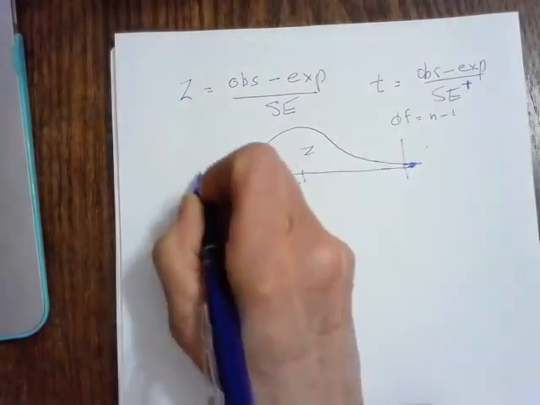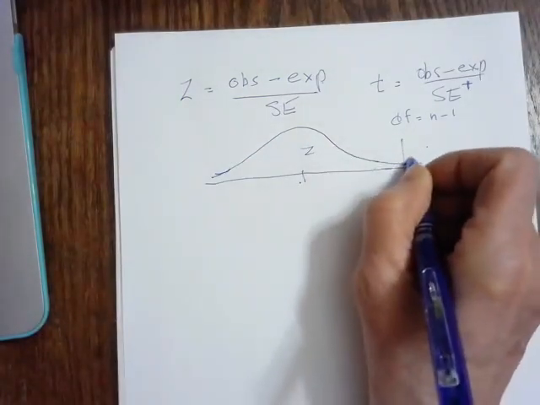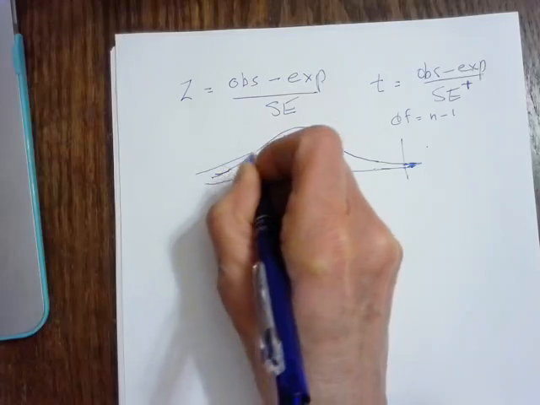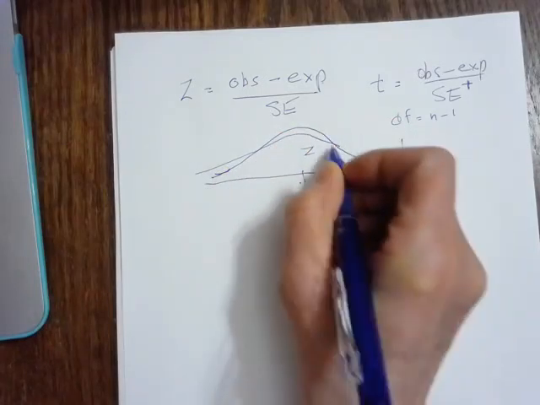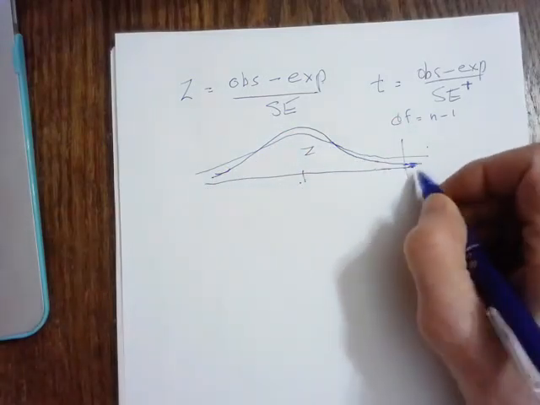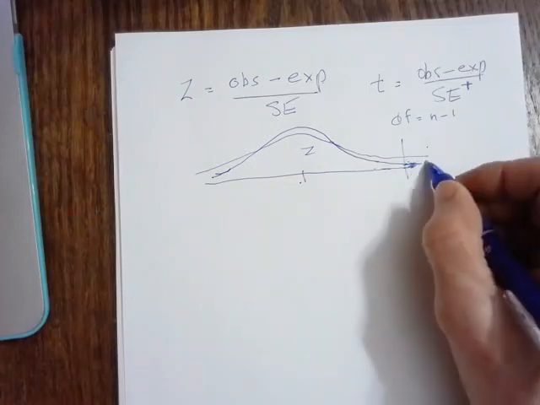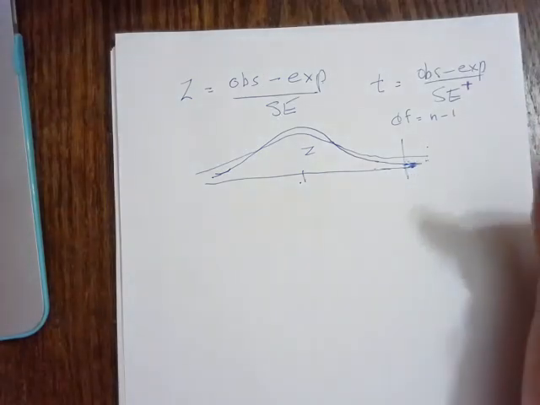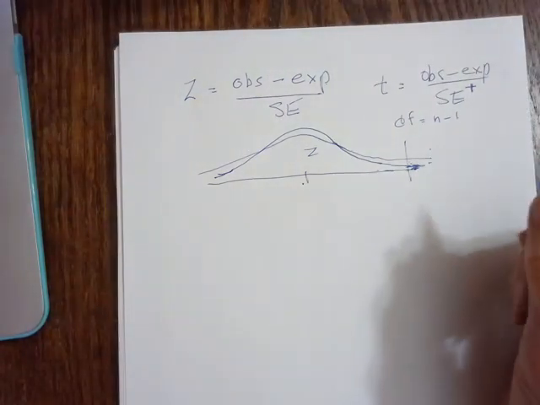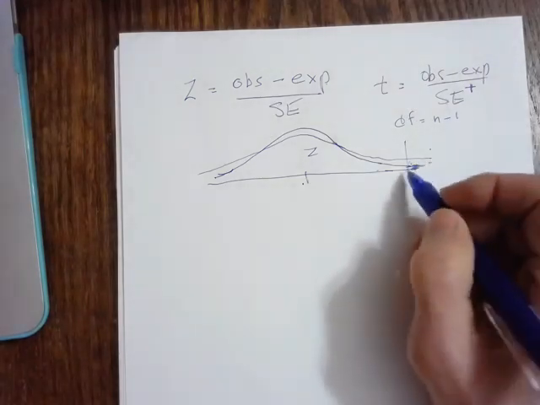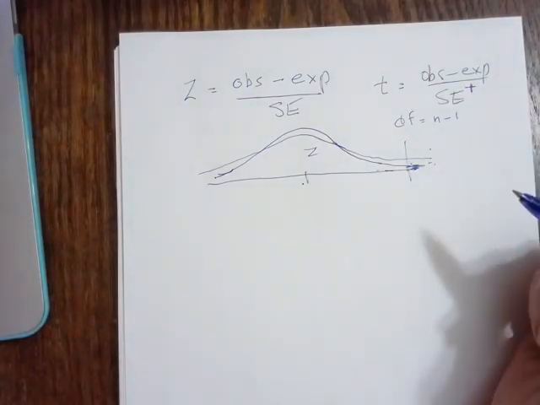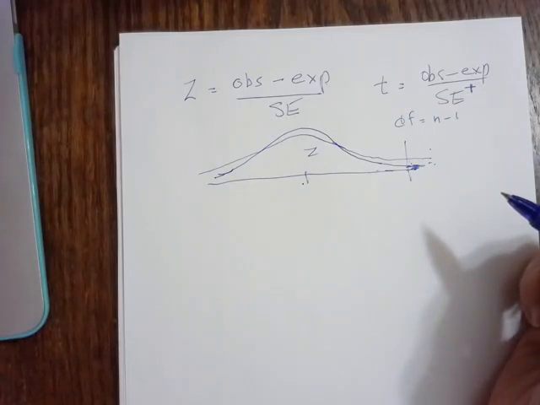So let me draw it. If it's fatter in the tails and less in the middle, I'm doing an exaggerated version, you're going to have these fatter tails, so your p-value is going to be bigger for the same test. In other words, you need to go further out to reject the null, more evidence to reject the null.